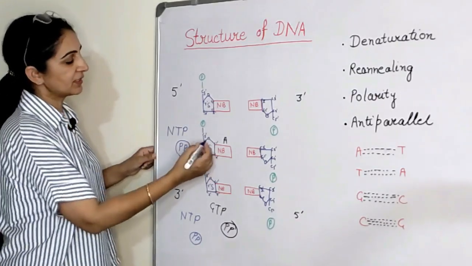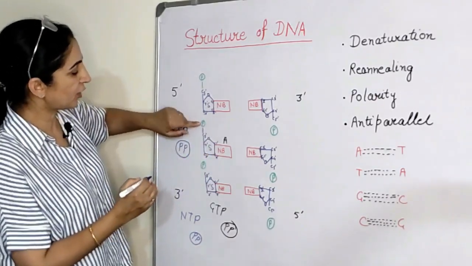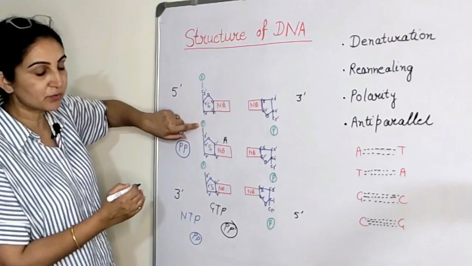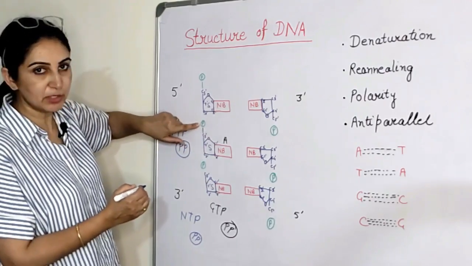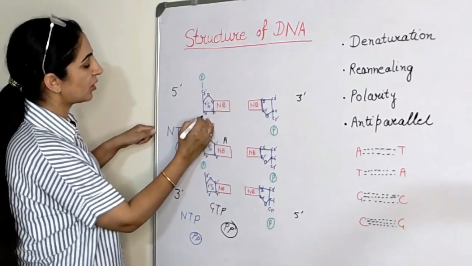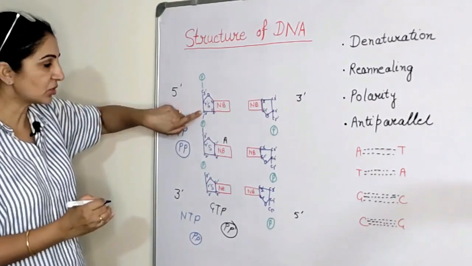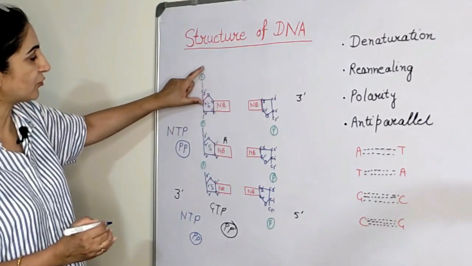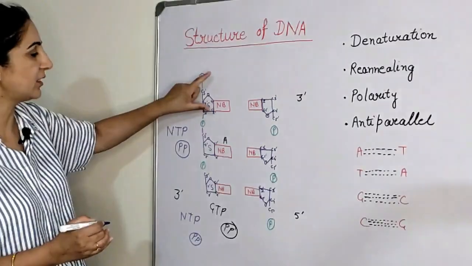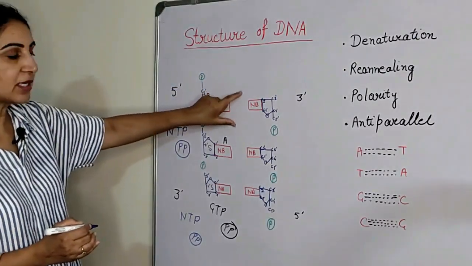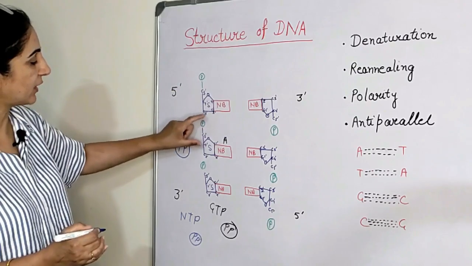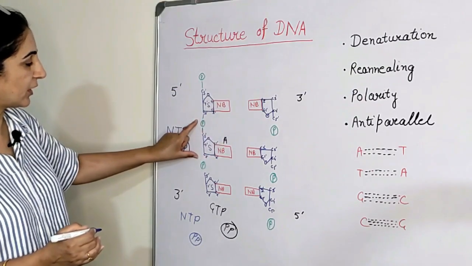Then what happens is this phosphate group of the incoming nucleotide forms a bond with the C3 of the deoxyribose subunit of the previously existing nucleotide. This is our previously existing nucleotide. This is the new nucleotide.